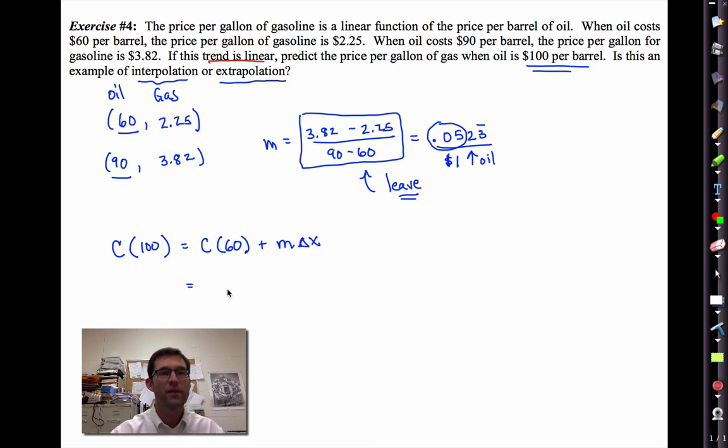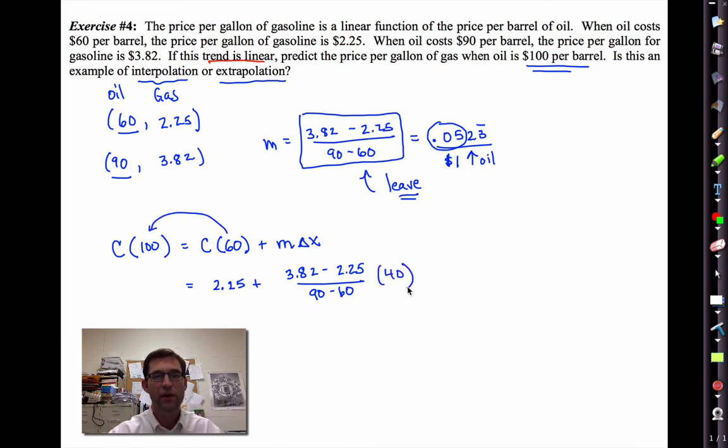Now, the cost when oil was $60 a barrel is $2.25. The slope is ugly. It's $3.82 minus $2.25 divided by 90 minus 60. And then I'm going to multiply that by delta X. Well, my delta X here is 40. And the beautiful thing about keeping the calculation like this is you don't have to worry about this messy 0.0523.